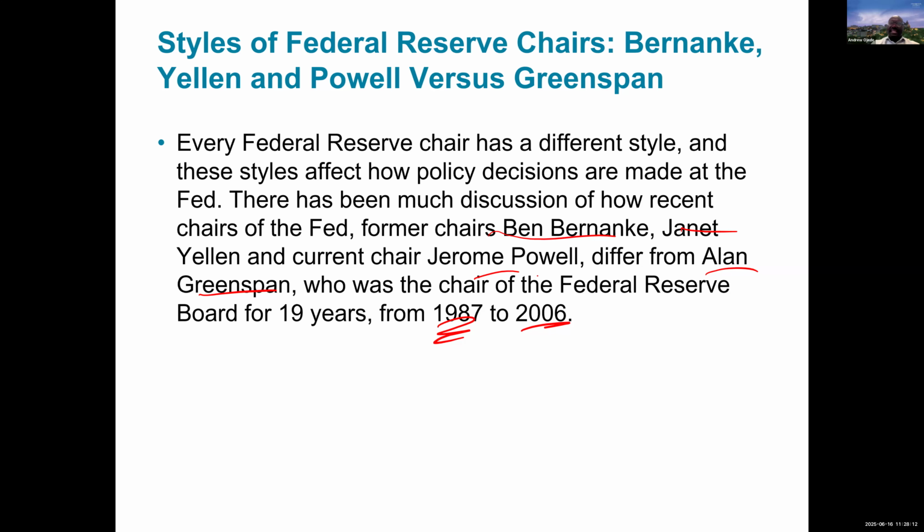Now, what we're going to be discussing next, we're going to start talking about the issues of independence of a central bank, like the Federal Reserve. Because let me tell you, we do not want our central bank to be interfered with by politicians, okay? Let me give you some context.